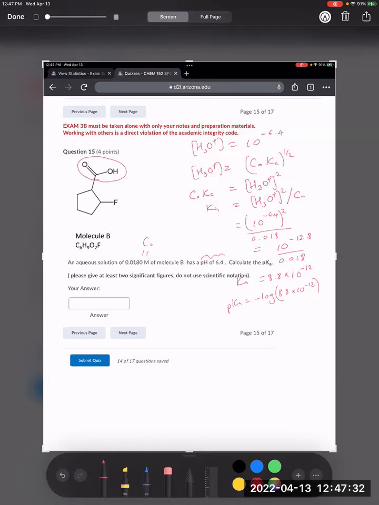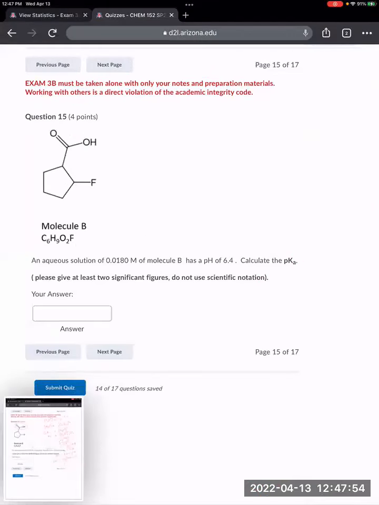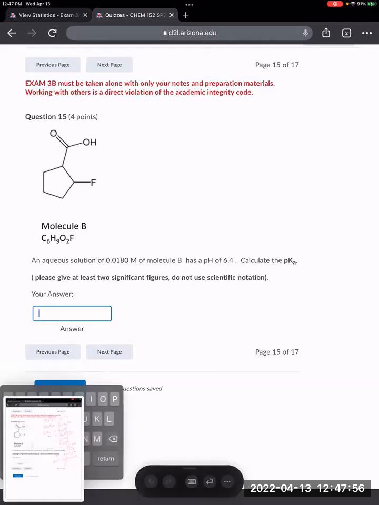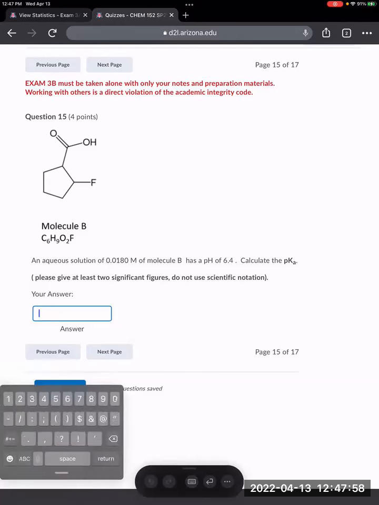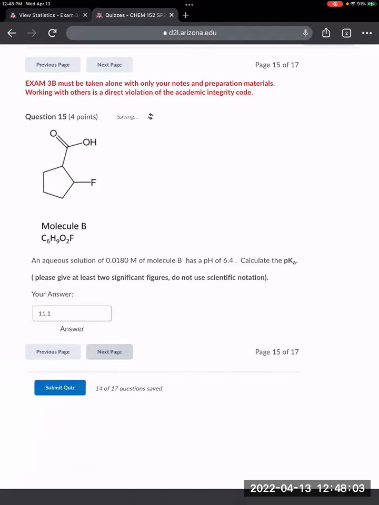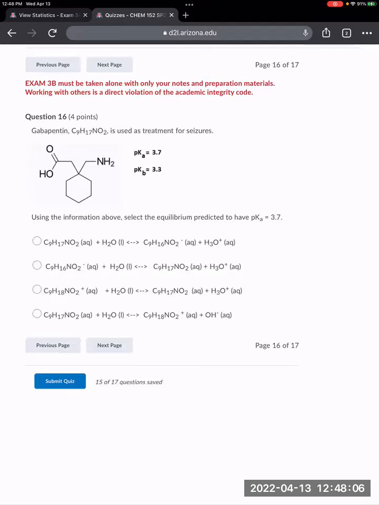Minus log of 10 to the power of 10, this value is 11.1 maybe, 11.1. Yeah, let's go with 11.1. So we go back to the quiz and type 11.1 and we move on.